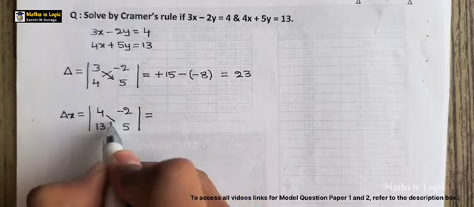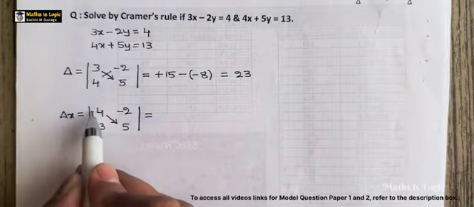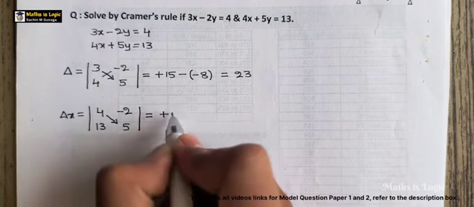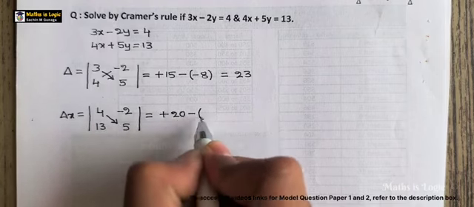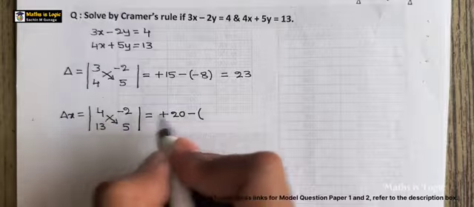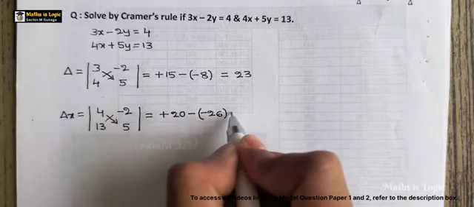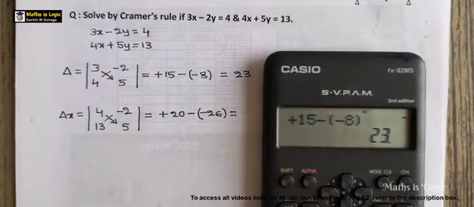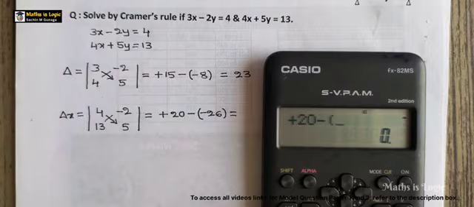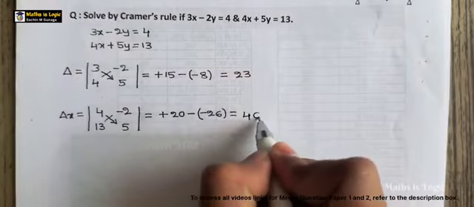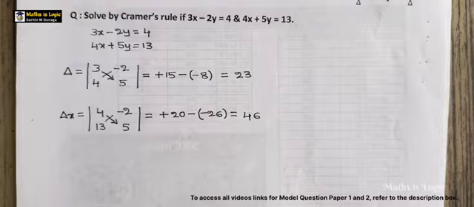Then apply the second order determinant rule. Cross multiplication: plus into plus is plus, 4 into 5 is 20. Middle minus sign. Plus into minus is minus, 13 into 2 is 26. So plus 20 minus of minus 26 is 46. This is the value of delta x.